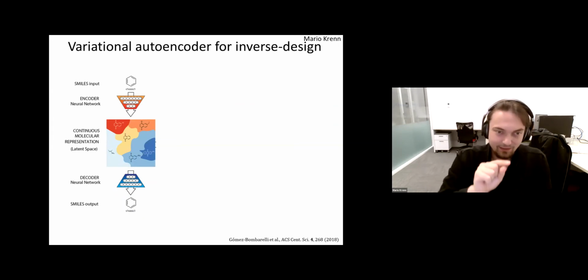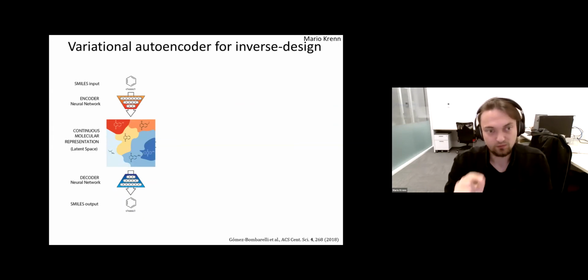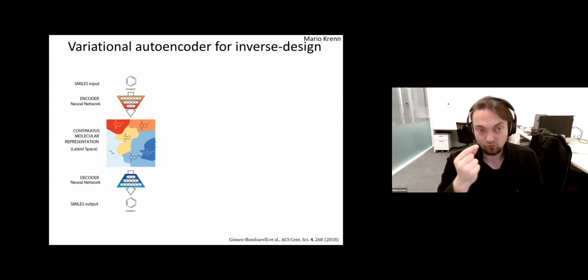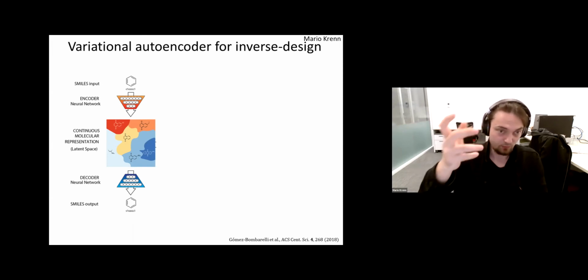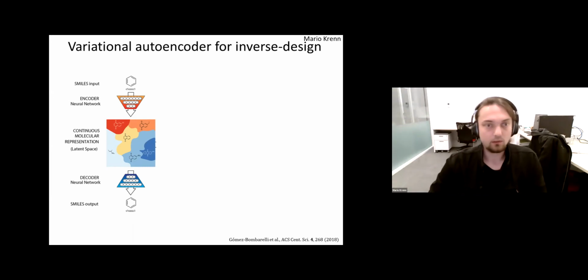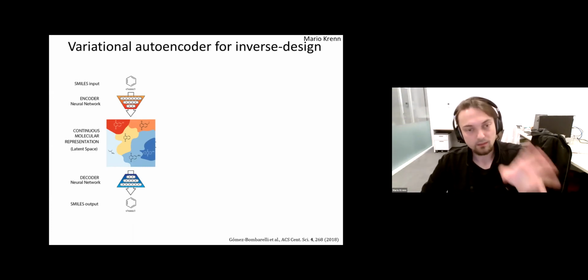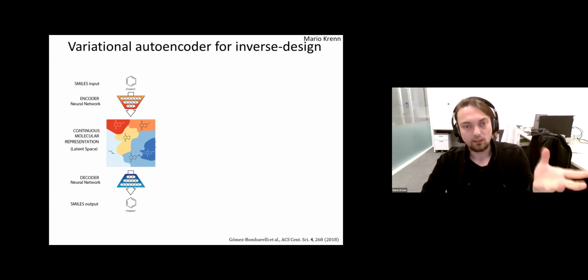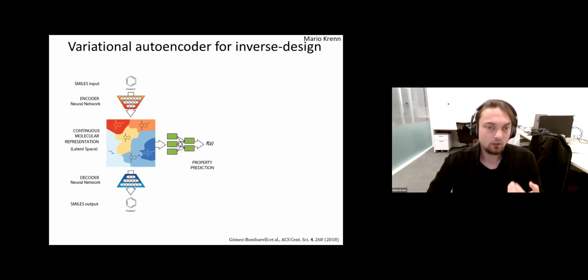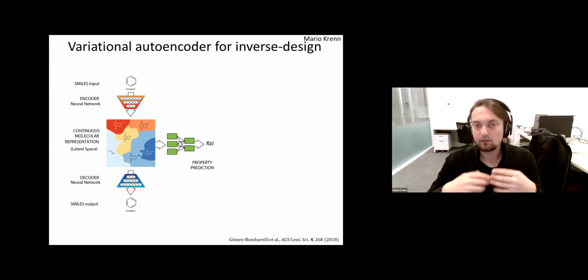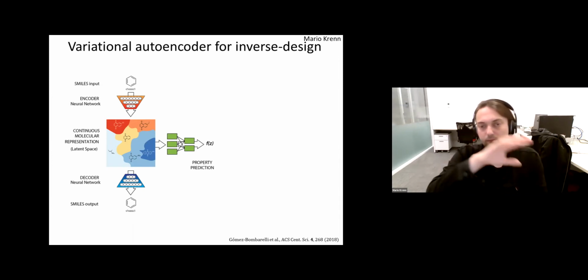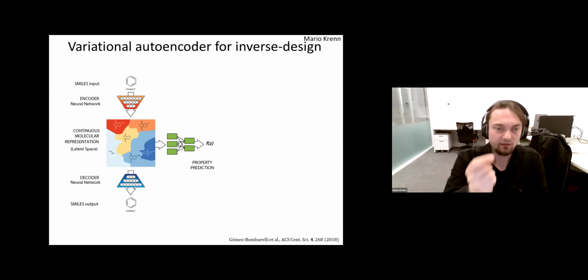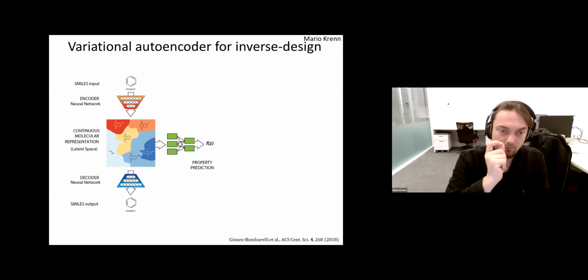But the cool thing is, here in the center, you have a continuous and therefore differentiable representation of your discrete structure. So you go from the discrete to a continuous representation of a molecule. And this is what you can exploit for design. The idea would be that you take a third neural network that can take a point in the latent space and predict the property of the graph that corresponds to this point.